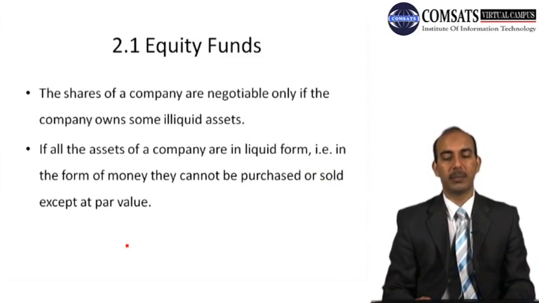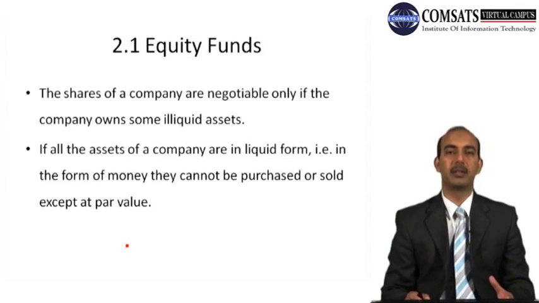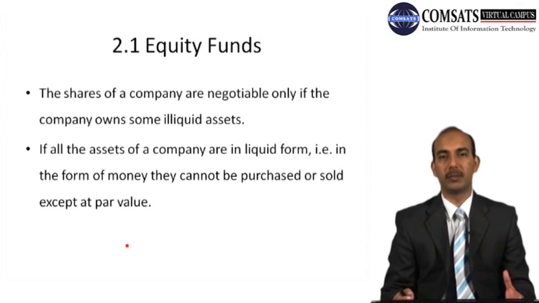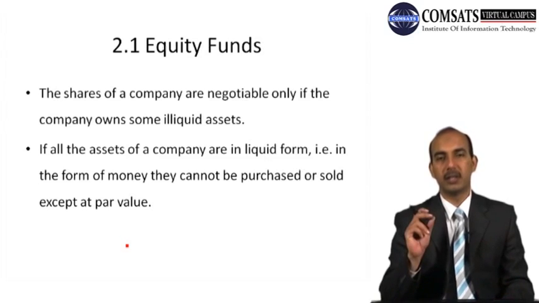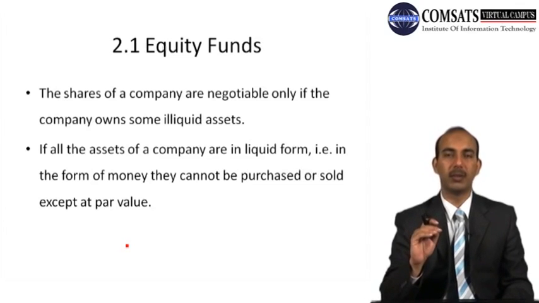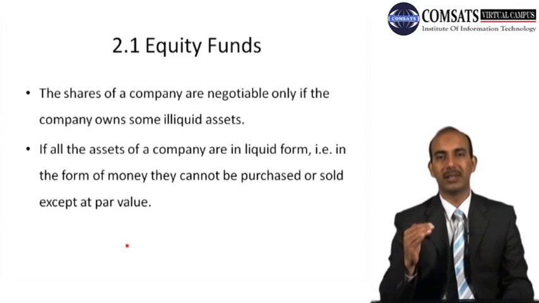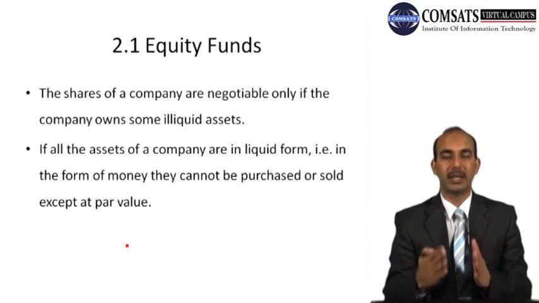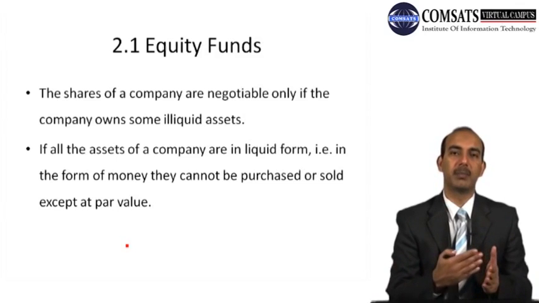And the shares of a company are negotiable only if the company owns some illiquid assets. If the companies have only liquid assets, it means the share value should be exactly at par. If the fund managers want to invest in companies where there are no illiquid assets, liquid assets mean cash, so the cash would be represented by the par value.